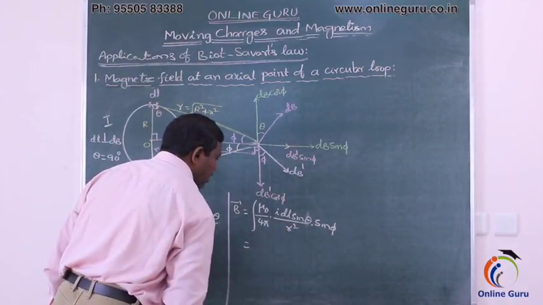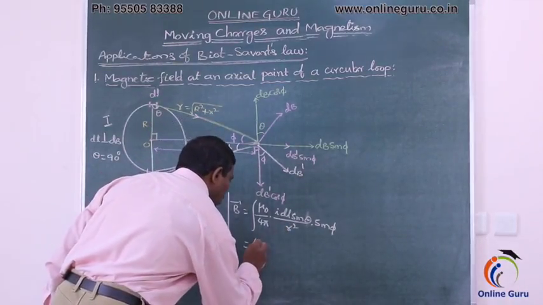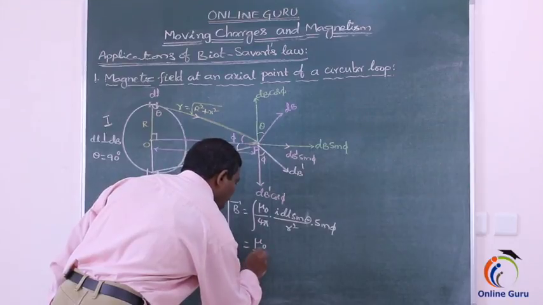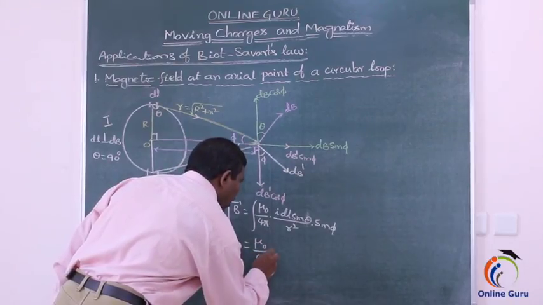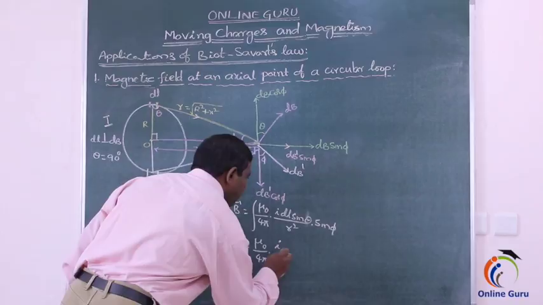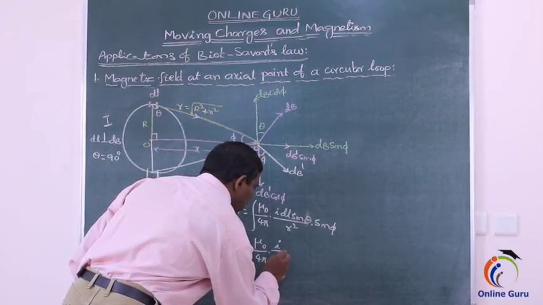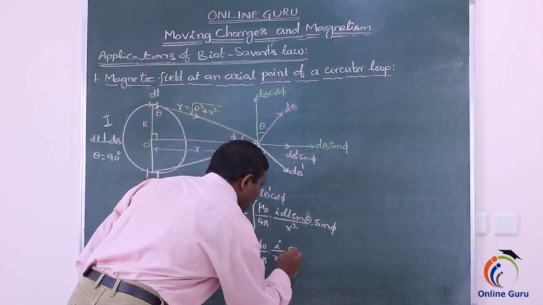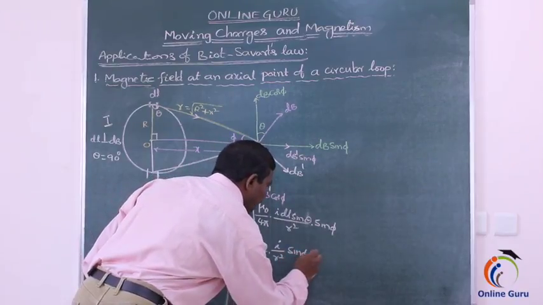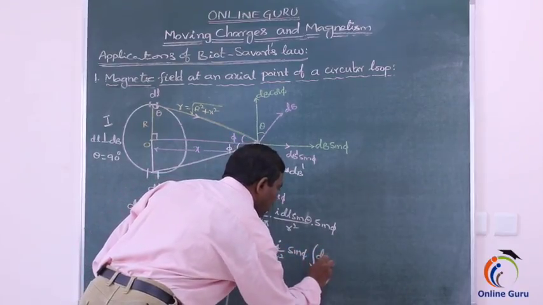Therefore sin 90 is equal to 1. So the constant value mu naught by 4 pi into I by r square into sin phi integral dl.